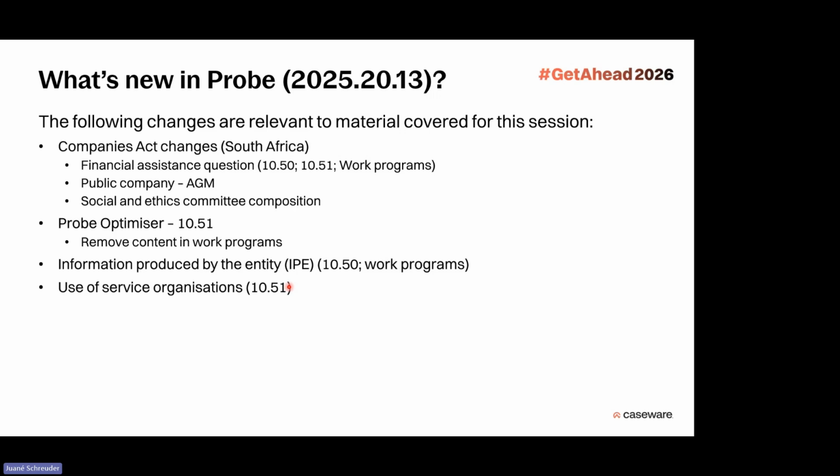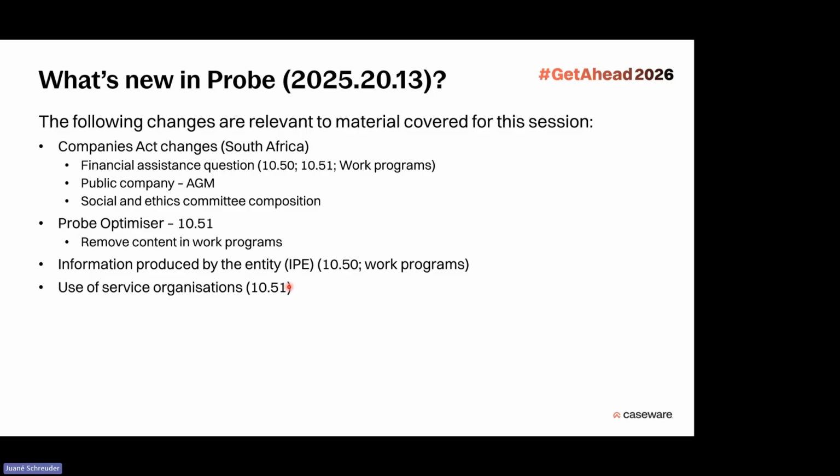Now, what's changed in the template or in the methodology is that we now also give you the option to say, yes, the client uses the service organization for elements that aren't linked to a line item in the financial statement. So you could previously say, yes, the client uses a service organization for operating expenses, which of course includes your employee costs. But what's been added now is that you can do the same for disclosures.